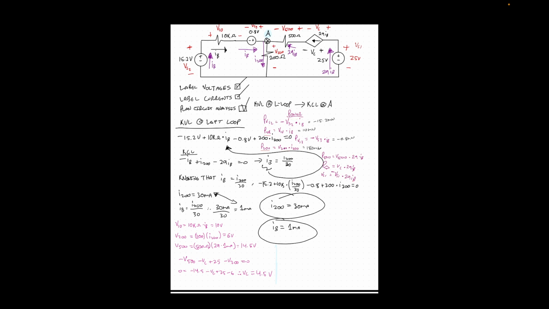My power through the 500 is going to equal 420.5 milliwatt. My power through the source is going to equal 130.5 watt. And my VS1 is going to equal negative 725 watts. All right, and let's go ahead and do that power balance down below.